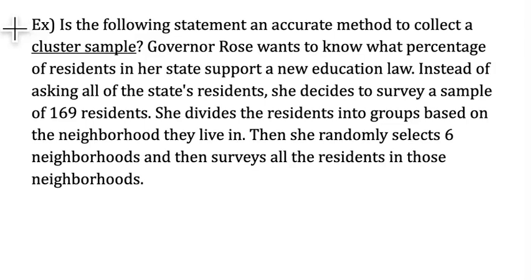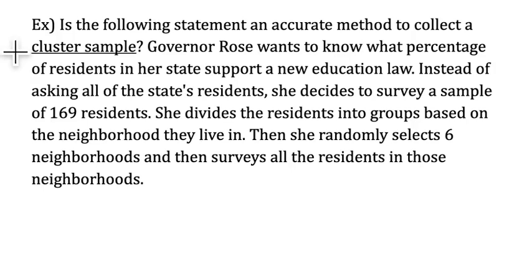So we're wondering if the following statement is an accurate method to collect a cluster sample. Governor Rose wants to know what percentage of residents in her state support a new education law. Instead of asking all of the state's residents, she decides to survey a sample of 169 residents. She divides the residents into groups based on the neighborhood they live in.